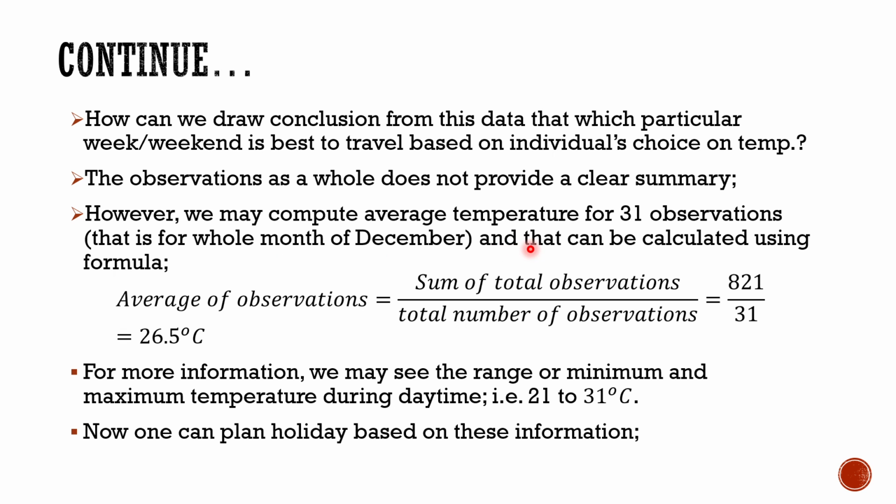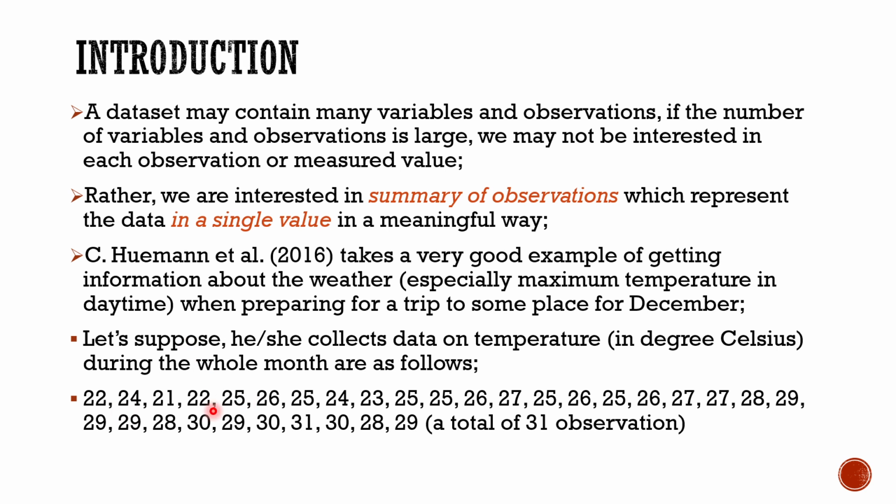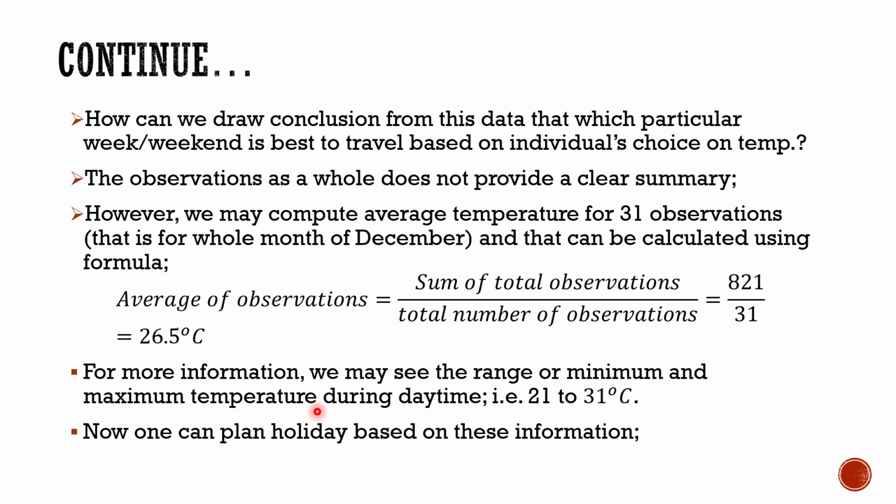That can be calculated using this formula, where we get the simple average by summing the observations and dividing by the total number of observations. Adding up each and every observation, we get 821, and dividing it by the total number of observations, 31, we conclude that the average maximum daytime temperature in this place is 26.5 degrees Celsius.